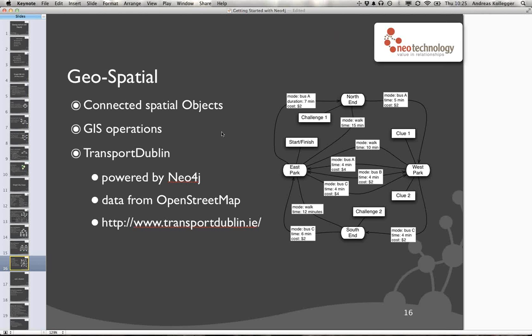The points are actually physically connected to each other within the graph through the relationship structures. There's been a fantastic project using OpenStreetMap data, something called Transport Dublin, and you can see the URL. You can look later on. I would hope that you're not doing that right now. Go ahead and take a look at Transport Dublin, and that's a live example of actually using Neo4j for mapping data.